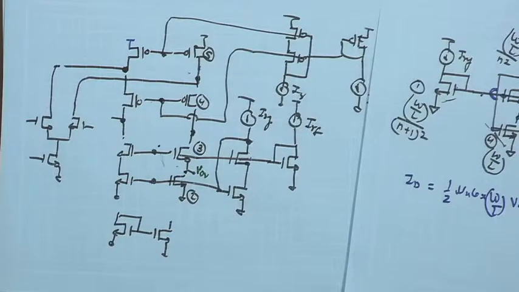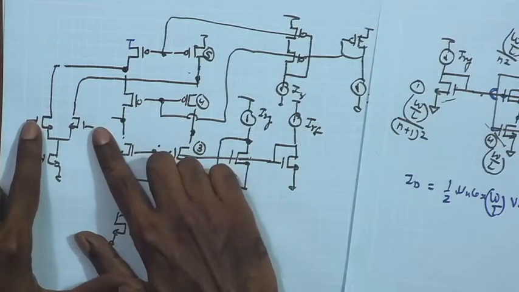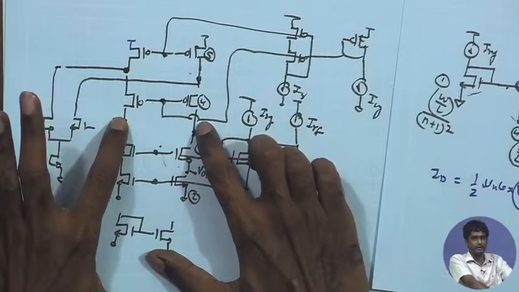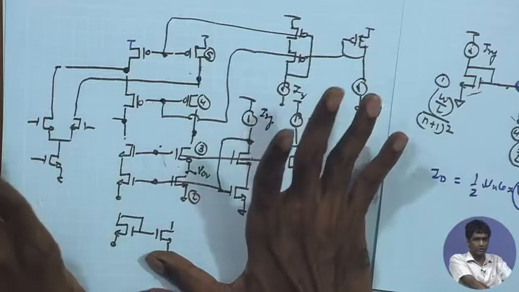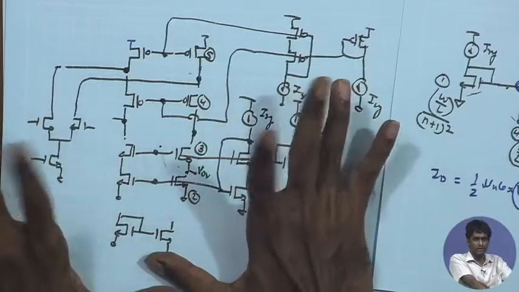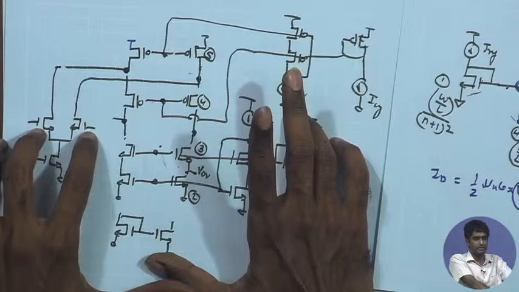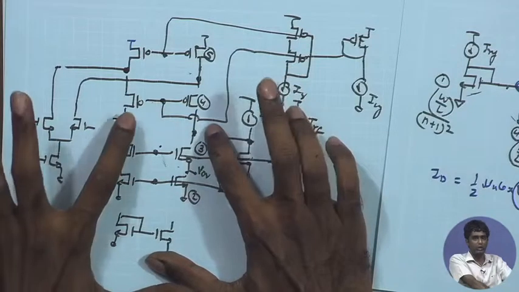Sir, are the input pair current and output branch current the same, or will they be different? They can be different, because the important point is that here you need to have a good GM, and the RO is over here. So, in order to get good GM or good noise performance, I can afford to have a larger current here. That is not degrading my RO that significantly.